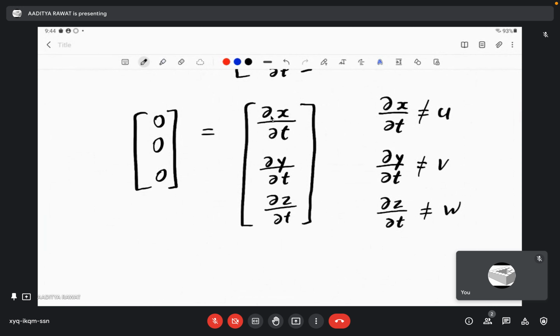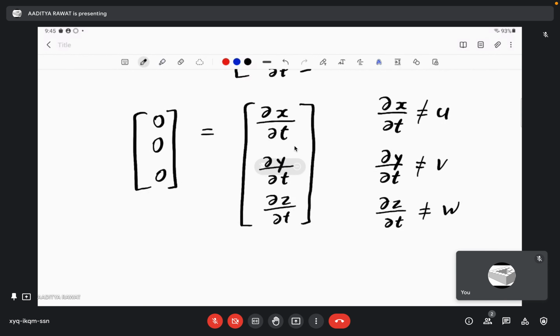In the same way as del x by del y is 0 and del y by del x is 0, for the same reason del x by del t, del y by del t and del z by del t are also 0. This is a very important understanding, because if instead you substitute u for del x by del t, v for del y by del t and w for del z by del t, then you will get u, v and w always equal to 0. That is, the velocity field would have to be 0 everywhere. This is obviously not the case.